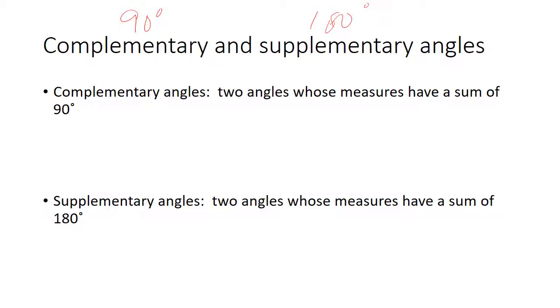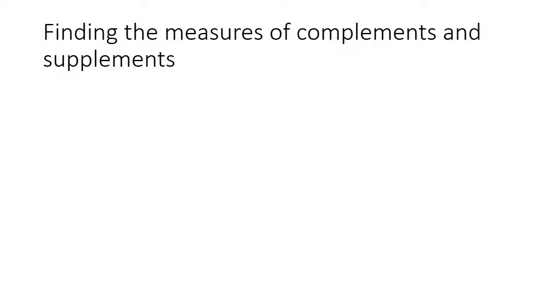So we can use these to solve just using some basic algebra, knowing that the sum of the angles has to equal 90. So let's find the measure of some complements and supplementary angles. Let's say we want the complement of angle M. Well, here in our figure, we see that M's angle is 26.8.